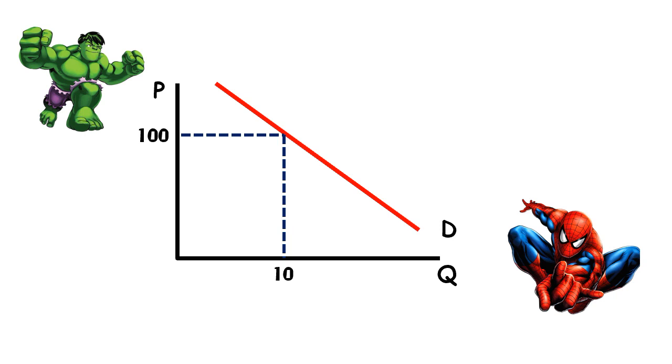And when we have cause and effect, we normally put cause on the x-axis and effect on the y-axis. Economists don't do that. We always, or almost always, put the money thing on the y-axis.